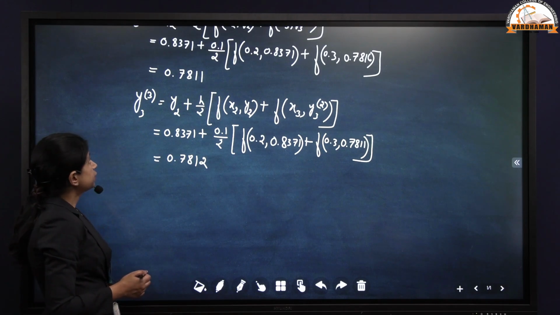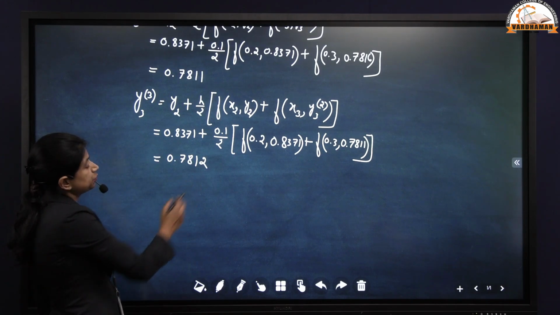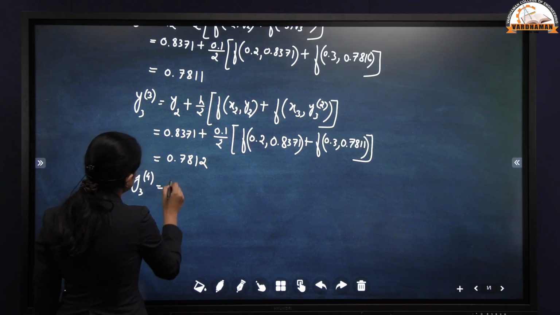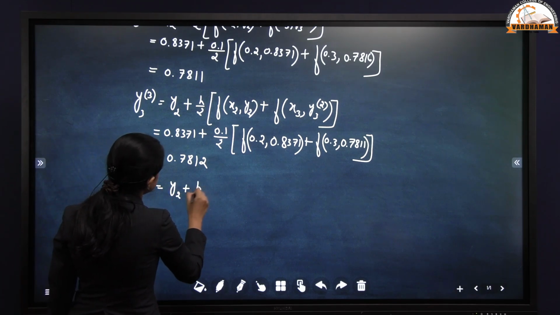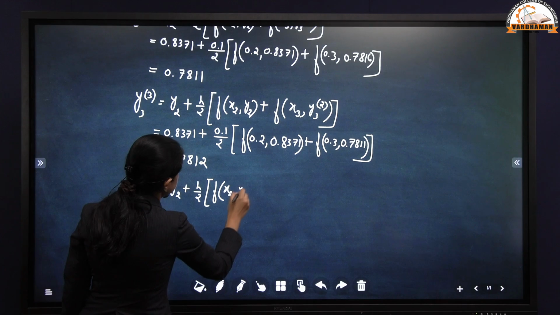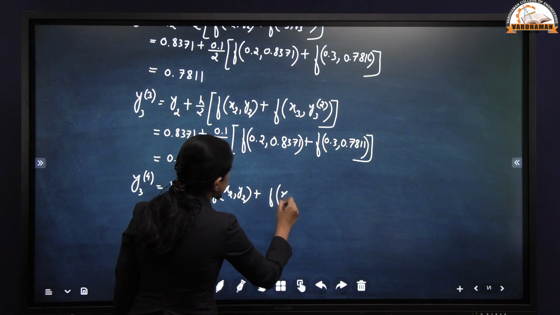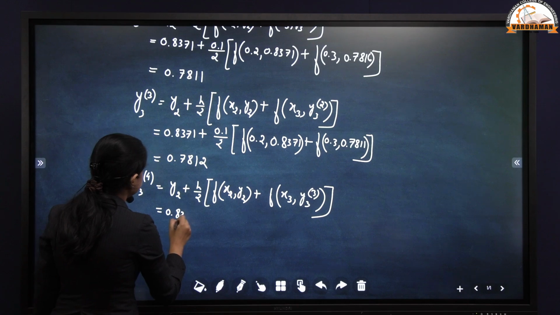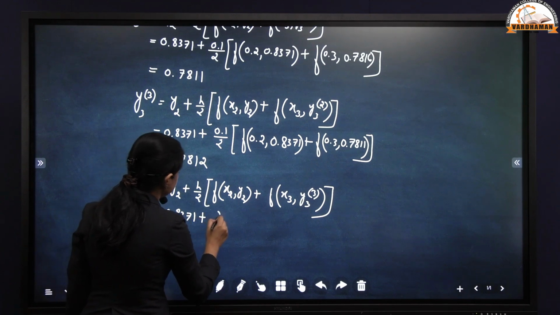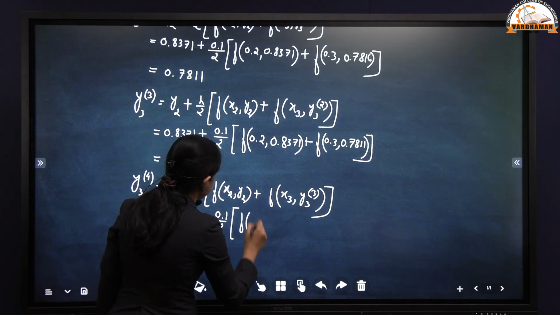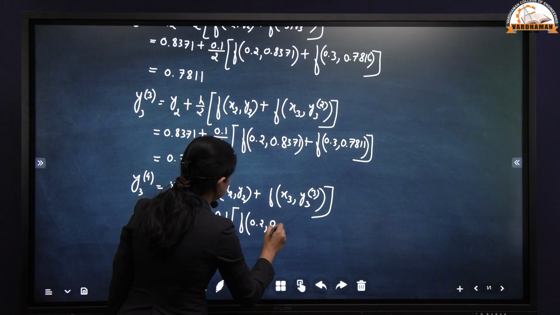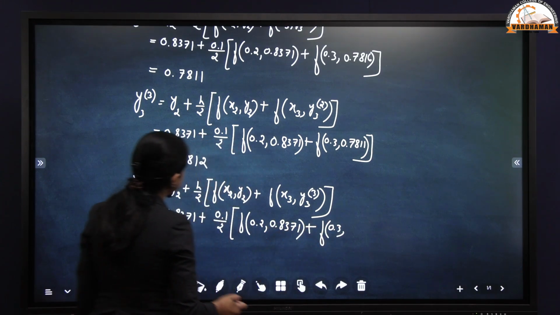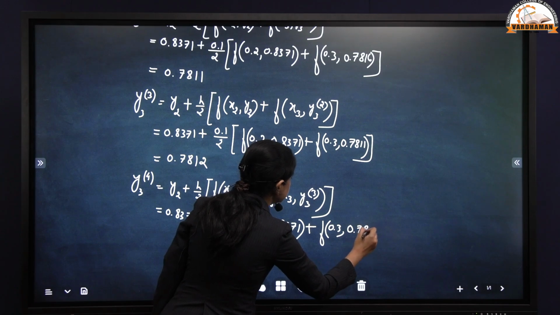0.7812. Now let us find y3⁴, because we will check up to 4 decimal places whether it is equal or not. y3⁴ is equal to y2 plus h by 2, f of x2 comma y2 plus f of x3 comma y3³. y2 is 0.8371 plus 0.1 by 2, f of x2 is 0.2, 0.8371 plus f of 0.3 and y3³ is 0.7812.